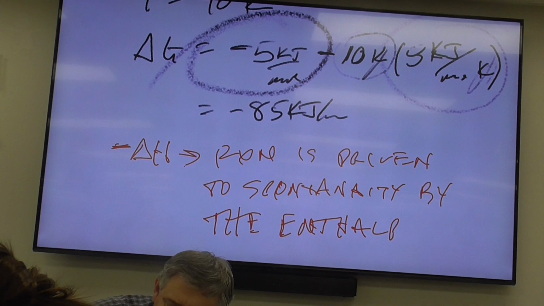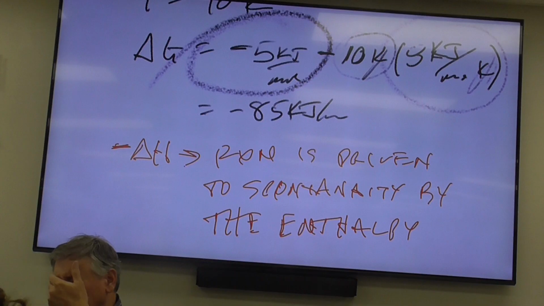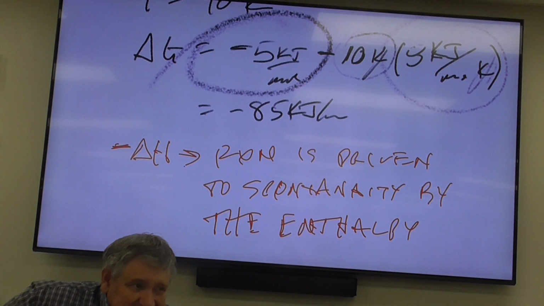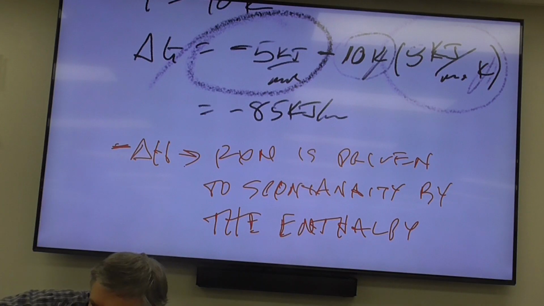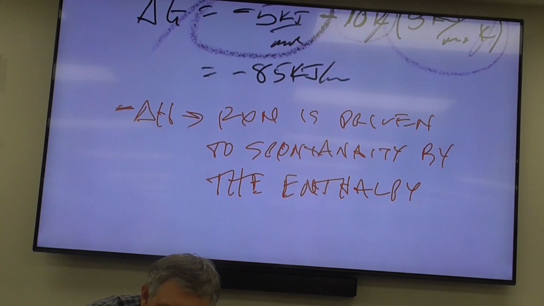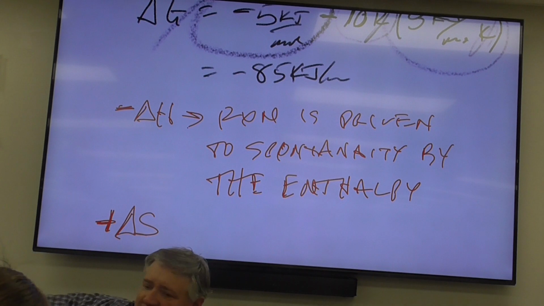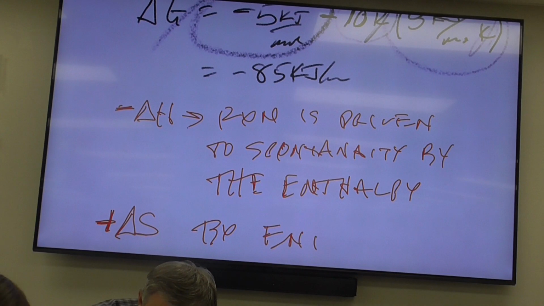So when you have a negative delta H, Mother Nature is going, cool, we're going to get warm. It's nice. That means the delta H term is driving it towards spontaneity. If you have a positive delta S, it's the exact same statement, but then you say the reaction is being driven towards spontaneity by entropy.